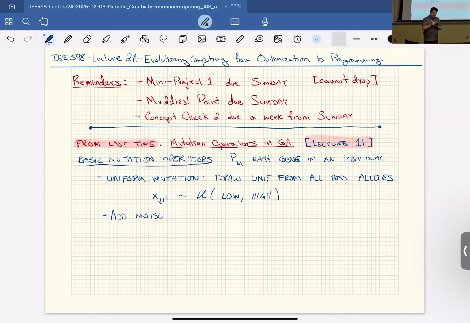noise with a consistent variance, and typically zero mean.